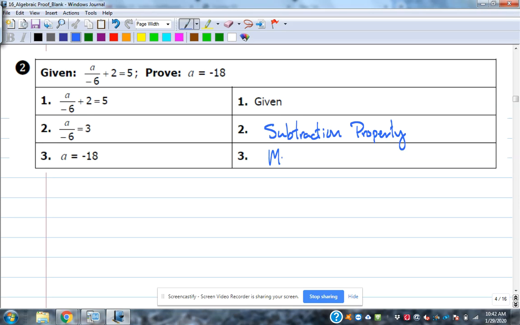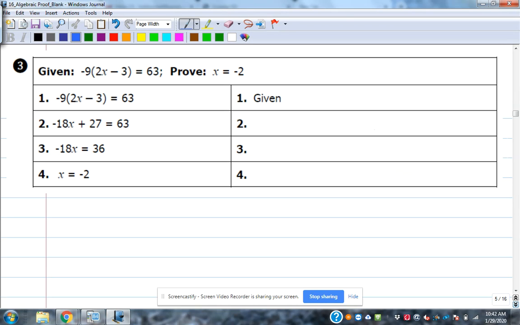So that's the multiplication property. Easy. Questions about the first 2? Hopefully there are none. You guys know how to do this kind of stuff. Let's look at number 3.